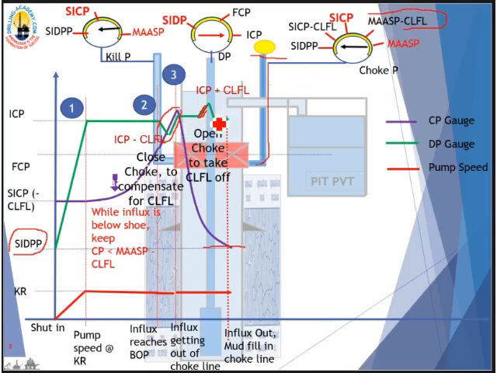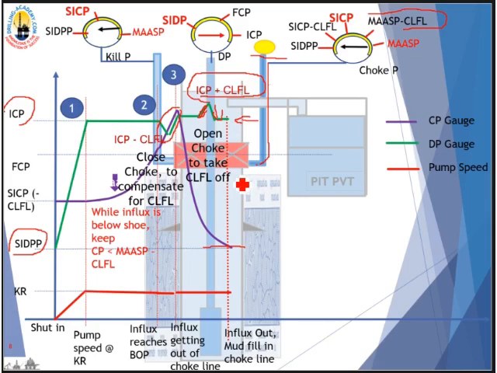But if you are not comfortable, you see the casing pressure gauge is high, you can open the choke to take off choke line friction loss to return the drill pipe pressure gauge down to initial circulating pressure here. Here, open the choke a little bit. So this will return the bottom pressure down to where it was before. All right, we keep it constant.